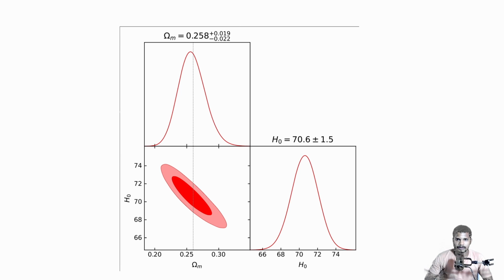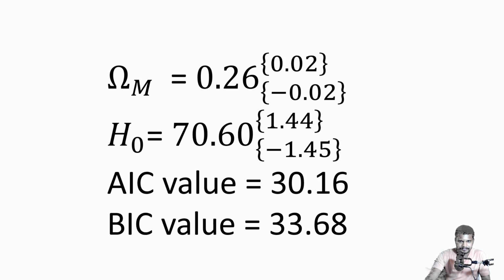So I have got H0 to be 70.6 plus minus 1.5. On the other hand, I have Omega m 0.258, about 26% dark matter, so the rest is dark energy. And here are the AIC and BIC values. I have run it for 50,000 steps, and my n walker is 30.